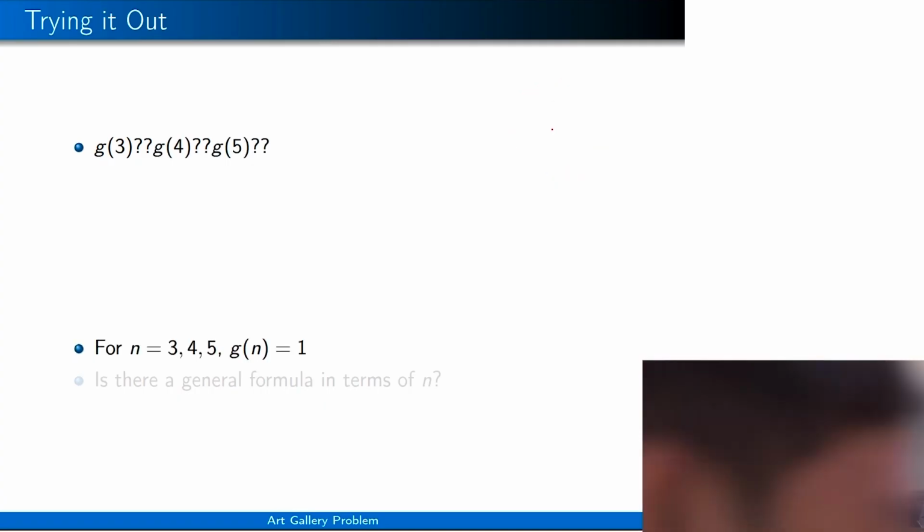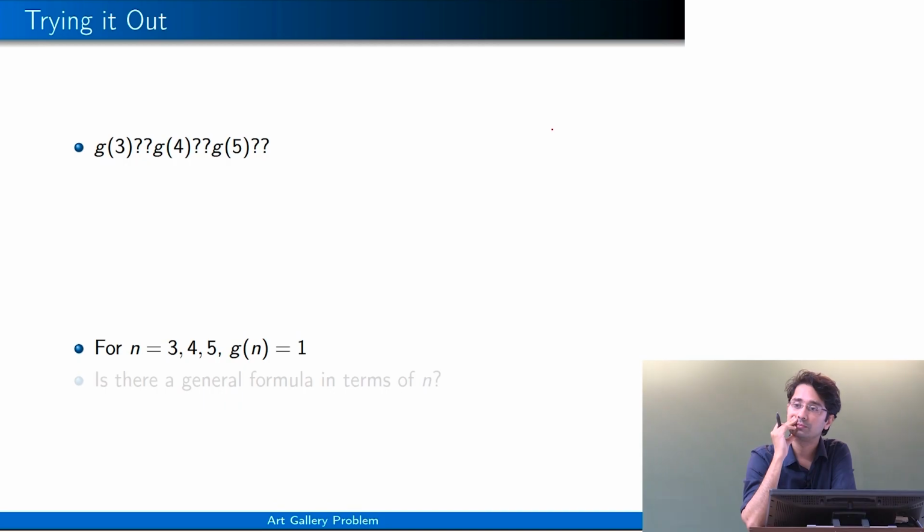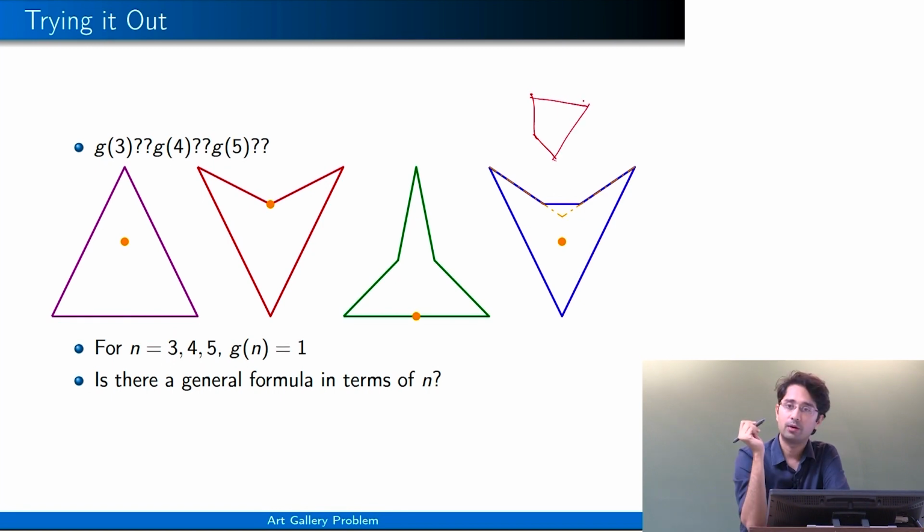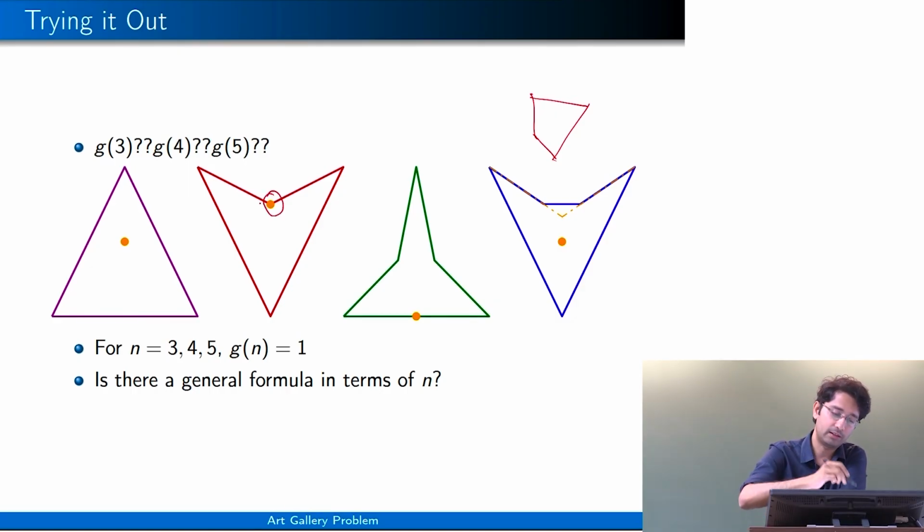What about G4? One or two? Okay, so there are 2 cases for G4. One is that all the 4 vertices are in the convex hull, that is, it is a convex polygon, or there is 1 vertex which is inside the convex hull of the other 3.